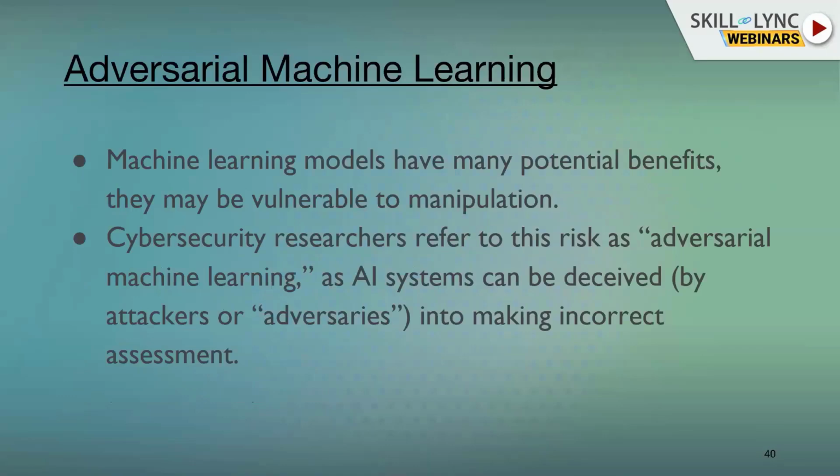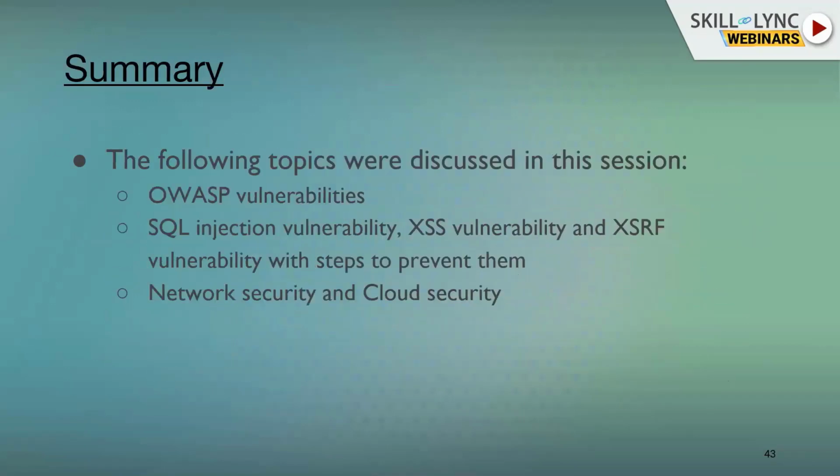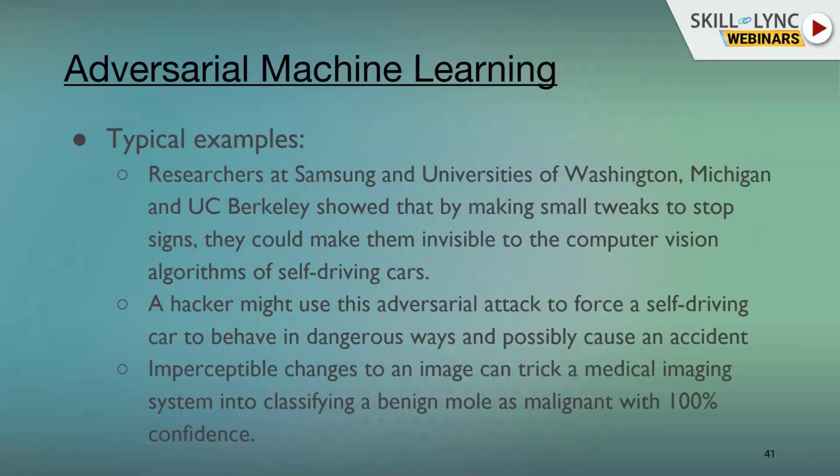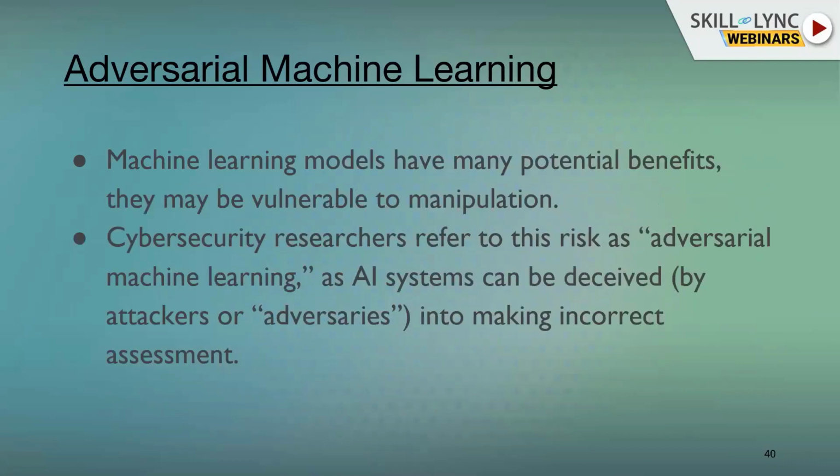Let's get into the last session of our module, which is called adversarial machine learning. So I just wanted to give you an overview of what exactly adversarial machine learning is. We are in the era of data, and machine learning is playing a predominant role in handling that data and giving some real-time analytics.